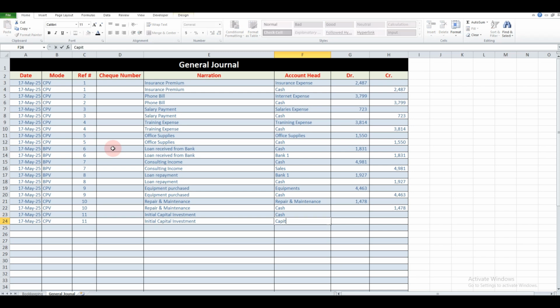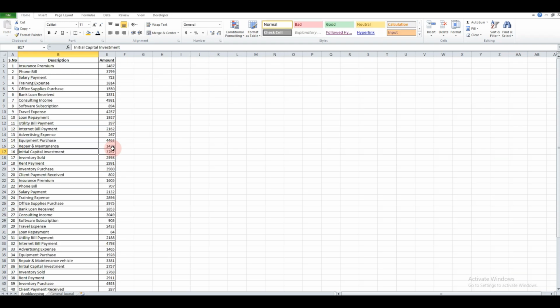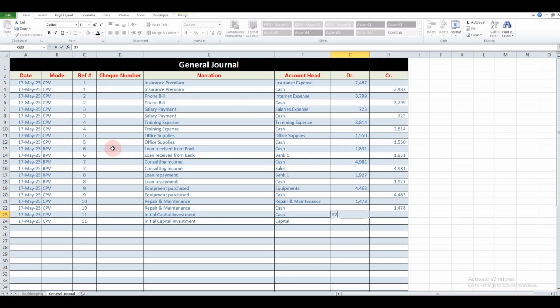Cash debit, capital credit. Capital, or you can add directors as per the business. It's an individual or proprietor. The amount is $37.67.